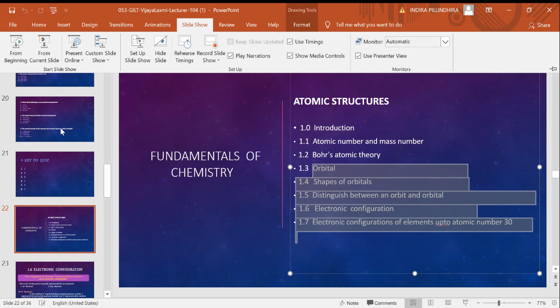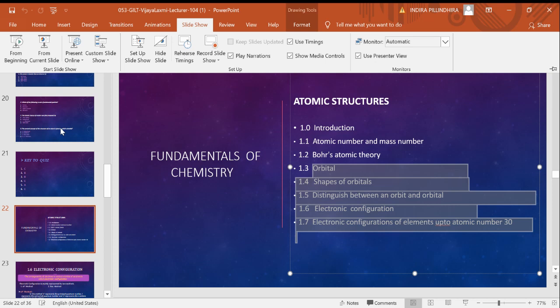Then we saw the fundamental particles of the atom, that is electron, proton, neutron, and their properties, and then how these electrons, protons, neutrons are arranged in an atom, that is the structure of the atom.